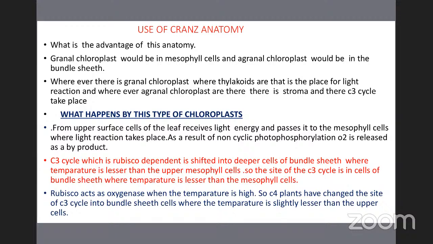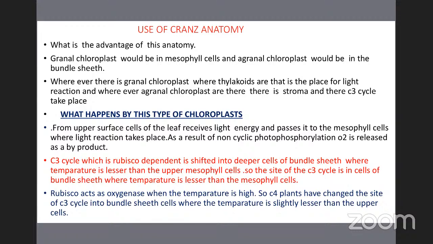So why are we discussing all this? Here, in granule type of chloroplast, the light reaction takes place, and in this light reaction through non-cyclic photophosphorylation, O2 is released as a byproduct. So that is the importance of having granule type of chloroplast in mesophyll.